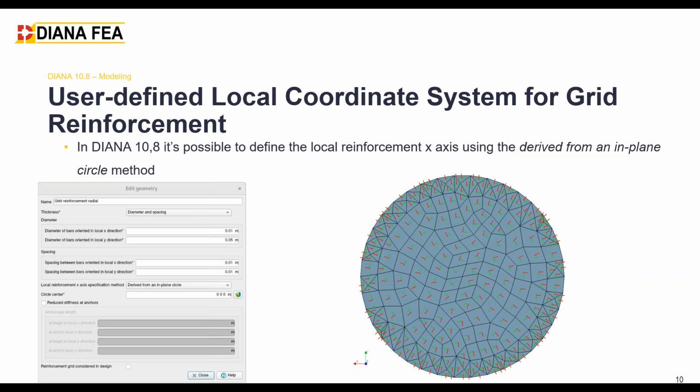In previous Diana versions, it was only possible to define the local reference reinforcement x-axis through the vector components in the global coordinate system. This has been extended in 10.8, and now you can define the local reinforcement x-axis derived from an in-plane circle method. This possibility is quite useful and practical, especially if your reinforcement has a circular disposition.